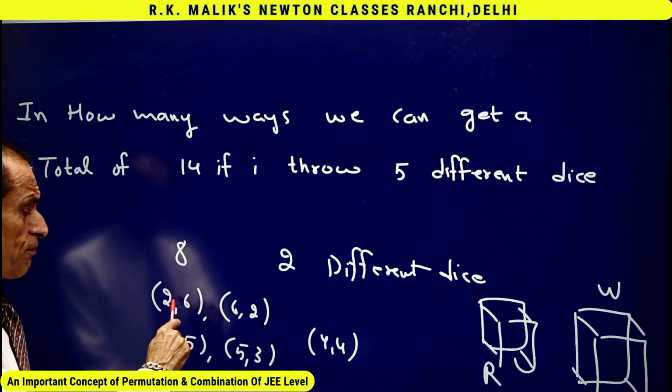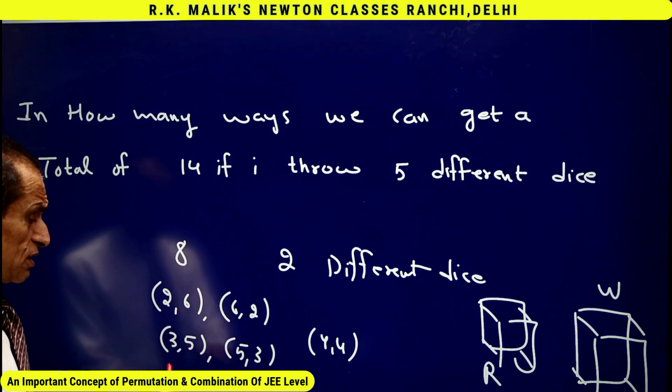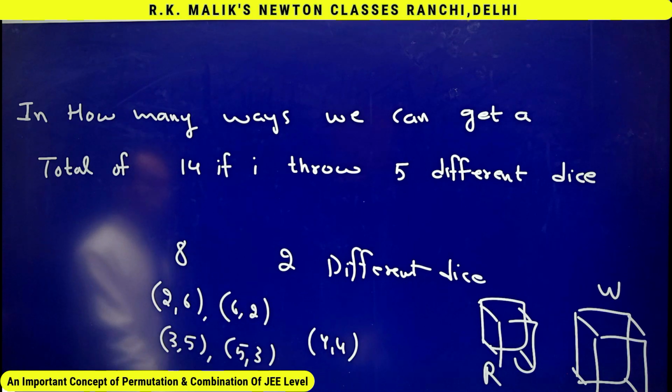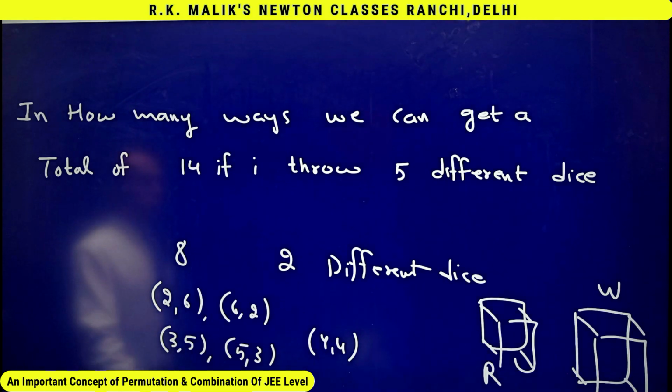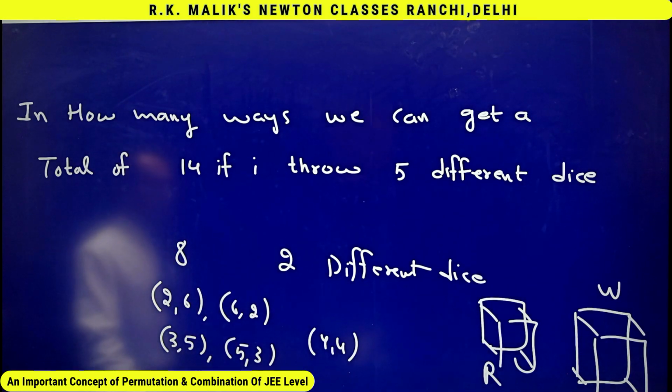Because these two are same and these two are same. That is, if we say 2 identical dice, then number of ways of getting a total of 8 will be 3. But presently, I will not go in the detail of those questions in which identical dice is there, because the questions of identical dice are less common.